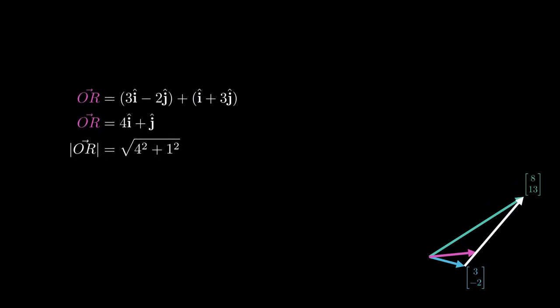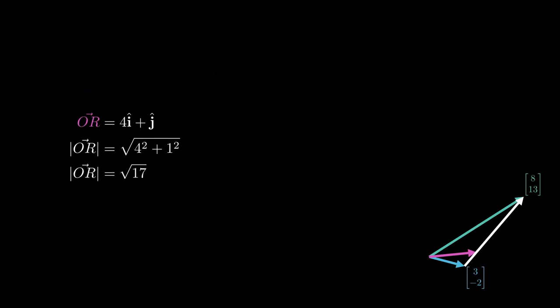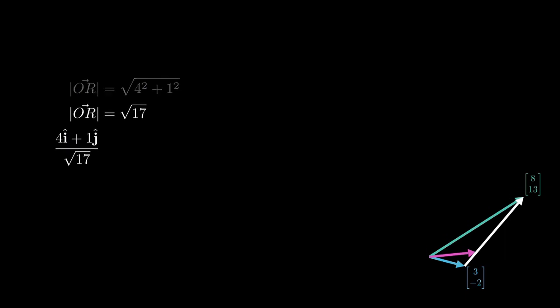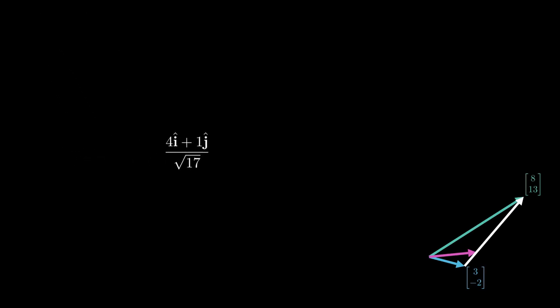So here's how we find the magnitude: square root of 17. And there you have it. I notice I put 1j there. That 1 is unnecessary, but it's also not wrong. Okay, so that's the unit vector in the direction of OR.